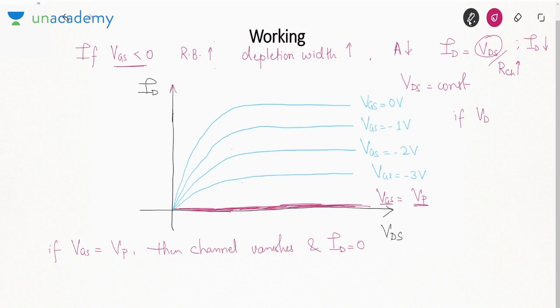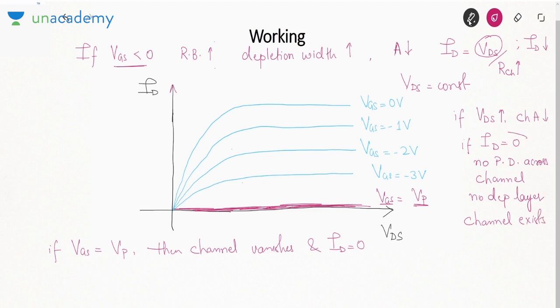If VDS is increasing, channel area decreases. But if current becomes 0, then there is no potential drop across the channel. No potential drop across the channel means no depletion layer. No depletion layer means that the channel exists. Are you getting my point?